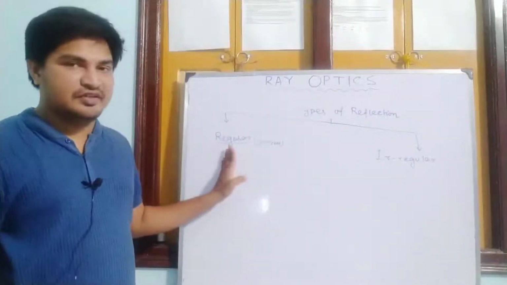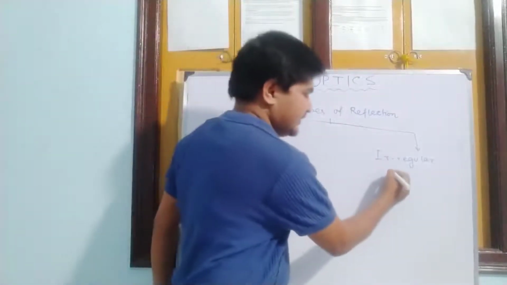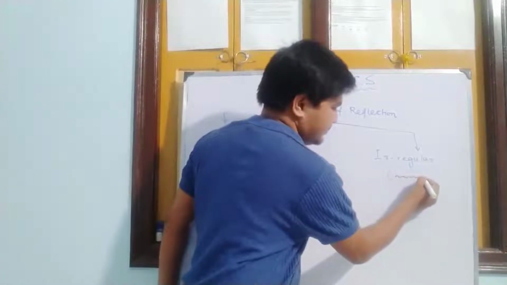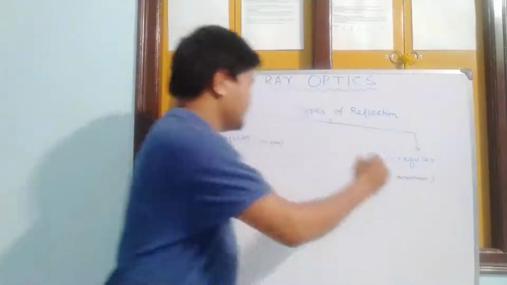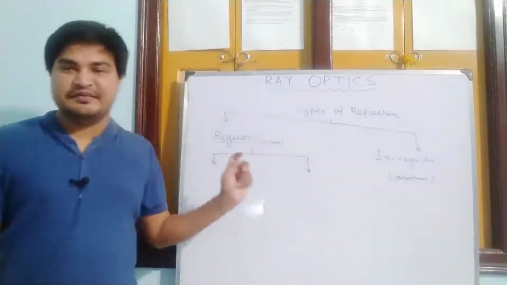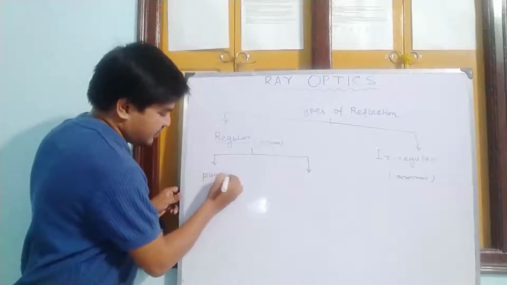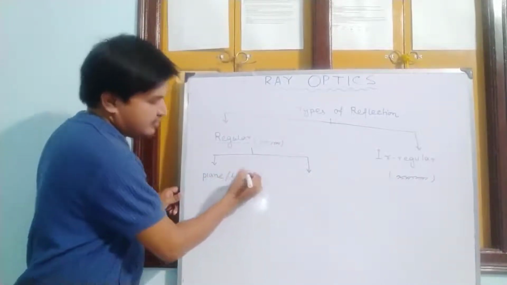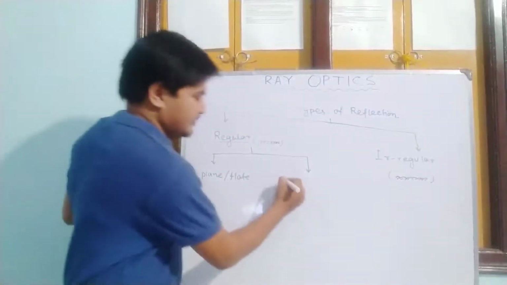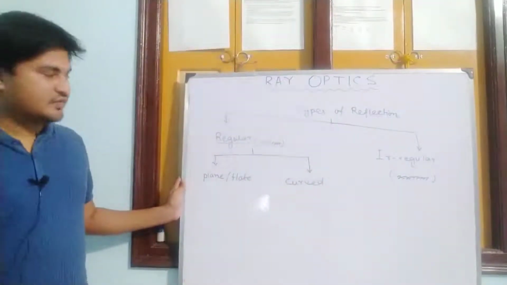In case of regular reflection, the surface is smooth, and in case of irregular reflection, the surface is rough. But this smooth surface can be divided into two different parts. One is the plane or flat surface, another is the curved surface.